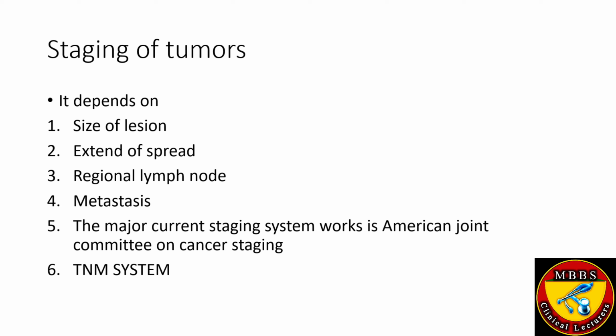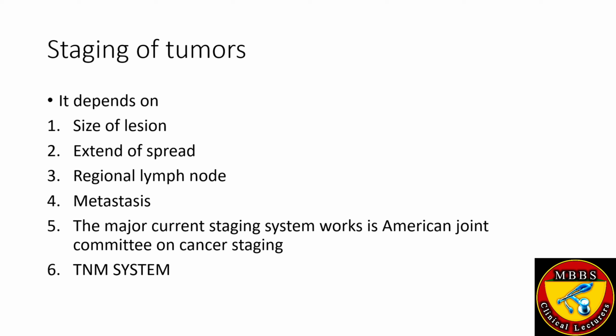For example, if the size is smaller, then it usually comes in a lower stage, and if the tumor size is more, then it becomes a higher stage. And the extent of the spread, whether the tumor has involved one organ or multiple organs. The second one, the extent of the spread, means how much local spread of the tumor is present.